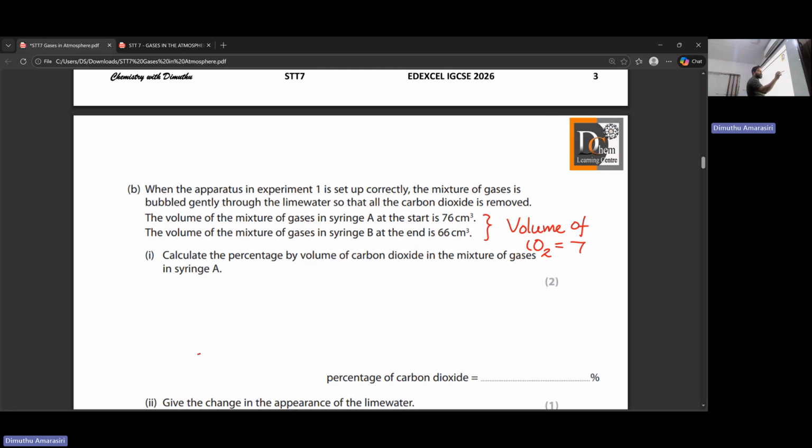The volume of carbon dioxide is 76 minus 66, that's 10. Then the volume of carbon dioxide divided by the initial total volume, times 100, gives the percentage of carbon dioxide in that sample. So it's 10 divided by 76, times 100.